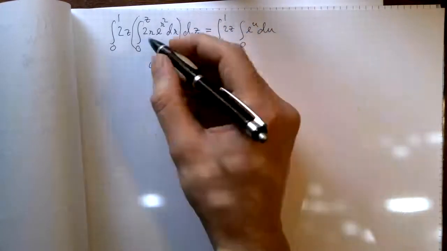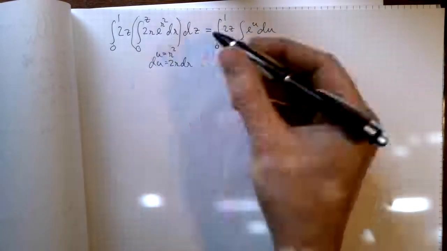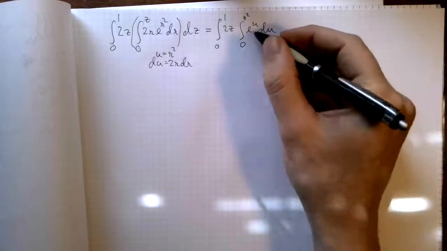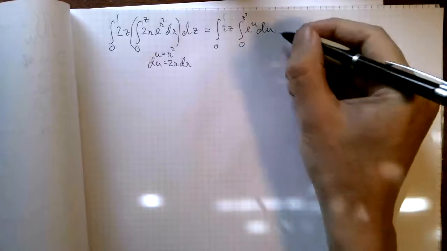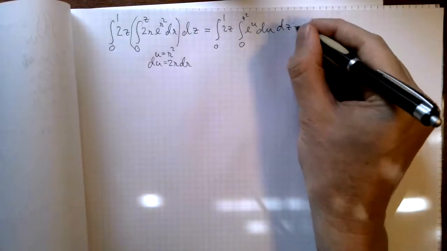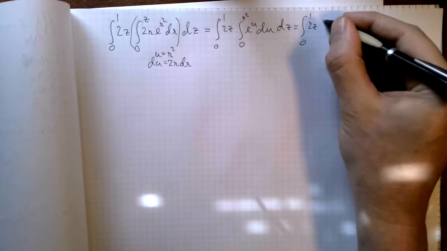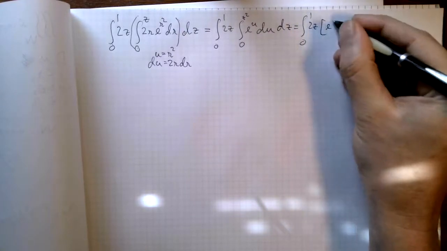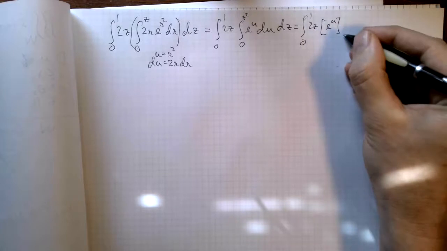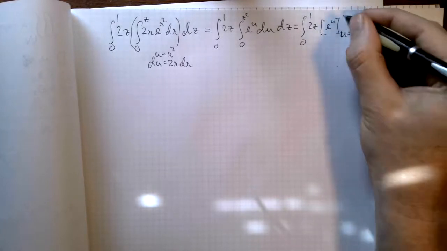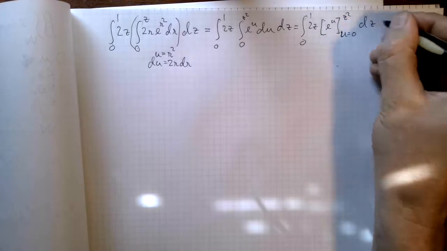When r is z, u is z squared. And the derivative of e to the u is e to the u. Sorry, that was a dz. So this is the integral from 0 to 1 of z, and now I have e to the u, u from 0 to z squared, dz.